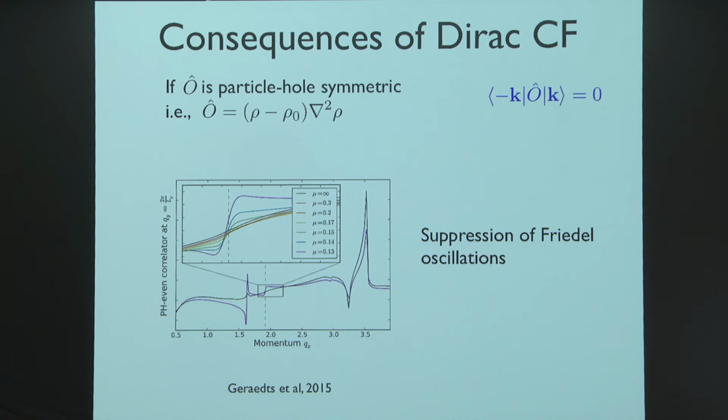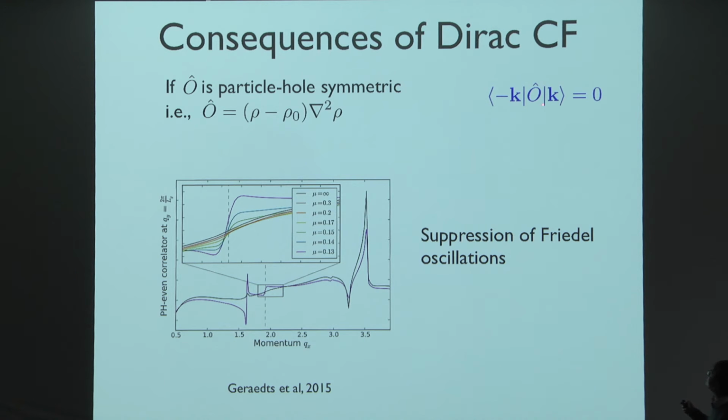One consequence of the Dirac composite fermion can be thought of as follows. If I define an operator which is particle hole symmetric, it cannot be the density of electrons, because that would change sign under particle hole symmetry. But I can define, for example, this operator, rho minus average rho times grad rho squared.